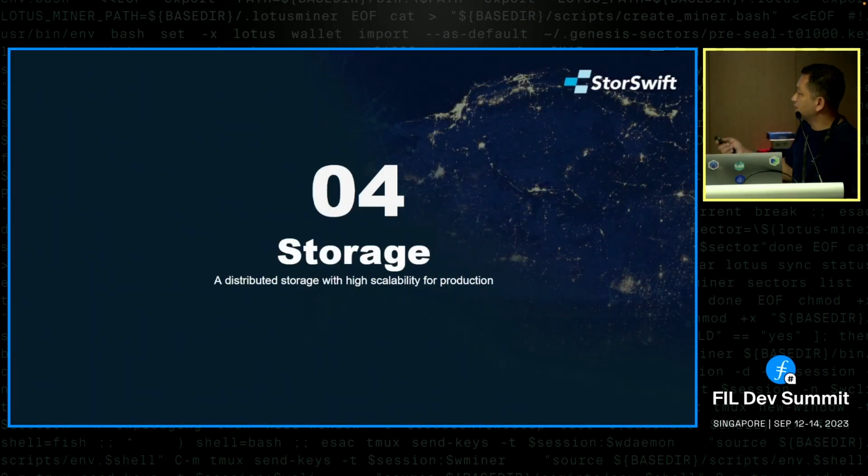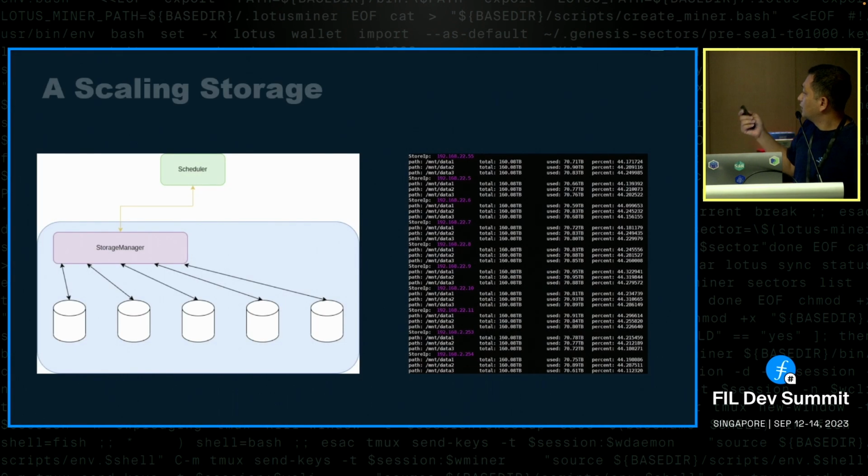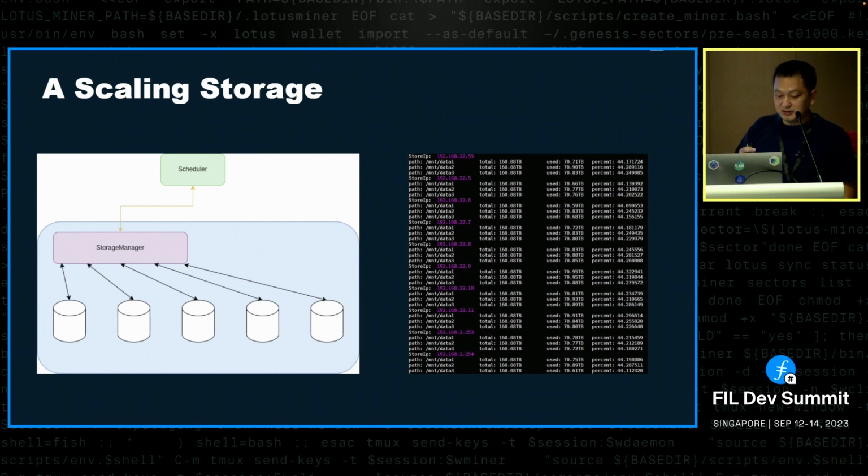The last is about how to make the scaling ability for the storage solution. We have the storage manager integrated in the scheduler to schedule the storage tasks workflow, because it's very important for the tasks to be parallelized.